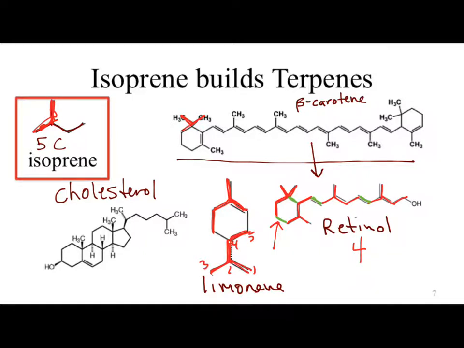So let's go the other direction. So there's an isoprene. There's another one. There's another one. Hey, I got this one. I think I got this one. And now they're going to shift and go the other direction. This one.